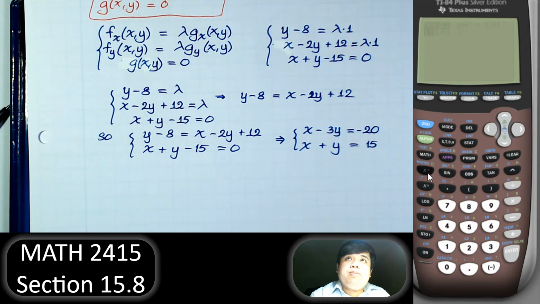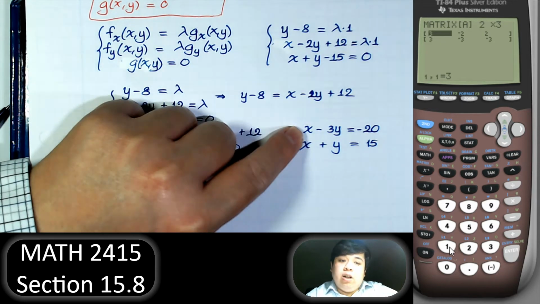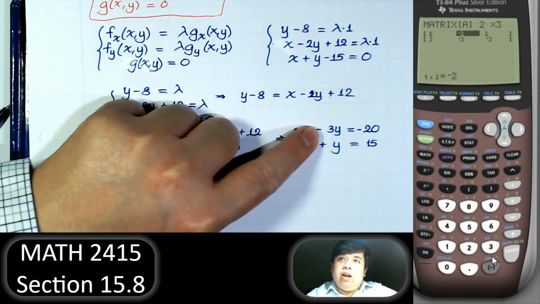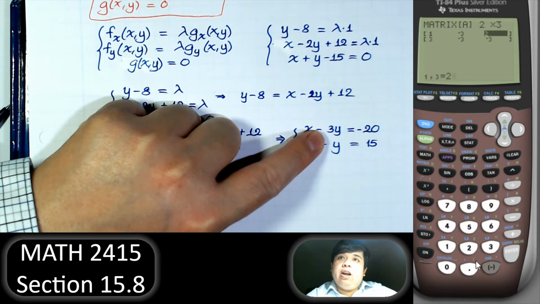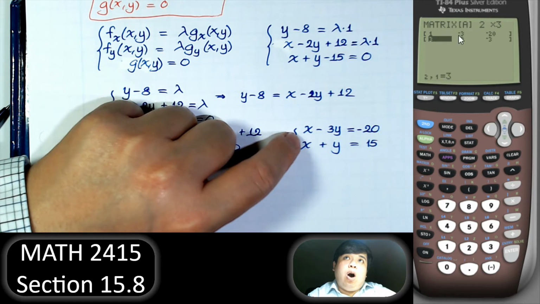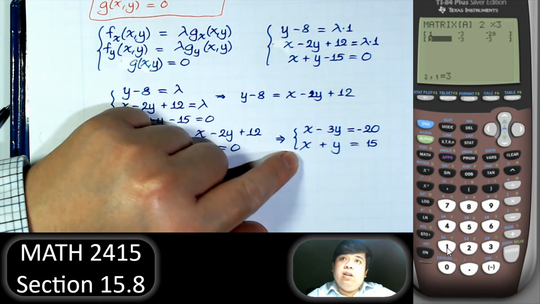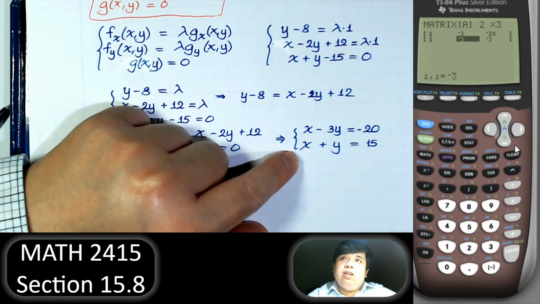Or we can just go to reduce row echelon form, and then we enter the matrix. If we want to enter the matrix, hit second matrix, go to edit, and let's say 2 row 3 column. Now we enter the matrix: 1 for x, -3 for y, -20, and in here we can hit enter. On the home screen we cannot hit enter. It's 1, enter, 1, enter, 15.